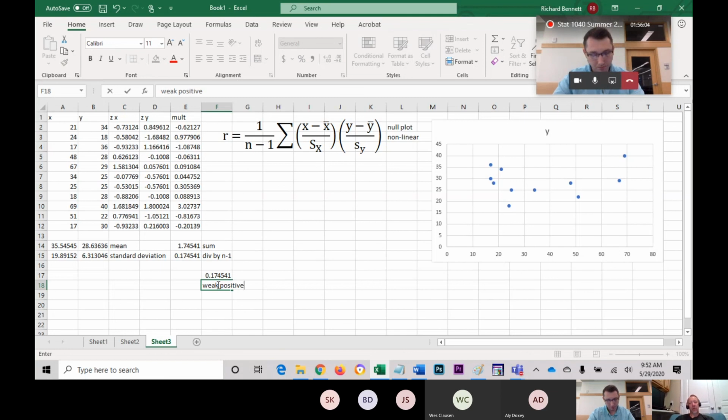Mm-hmm. Weak positive correlation. Okay. But I think based on the scatter plot, I would probably say weak and nonlinear, because it does look a little bit curvy on this. There's a definite curve there. So that's what I would say on this one.